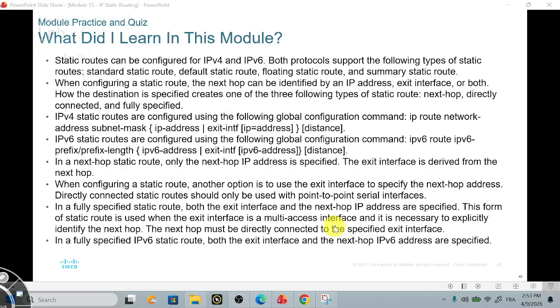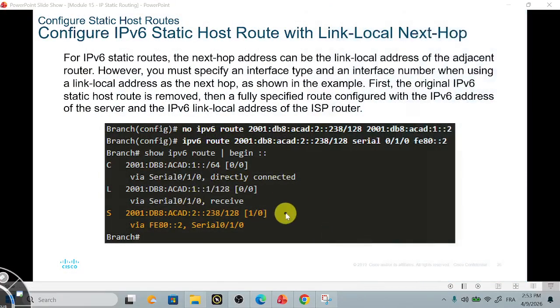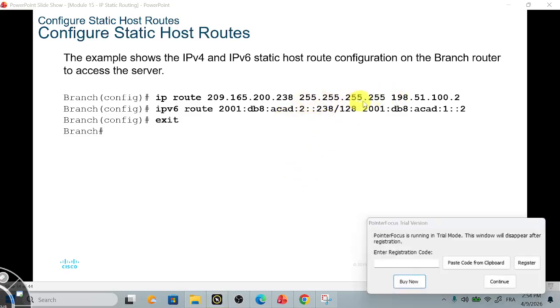This is why we added /128 here, to let you know that this is a host address, and this also lets you know that this is a static host route, if you use the full subnet mask.